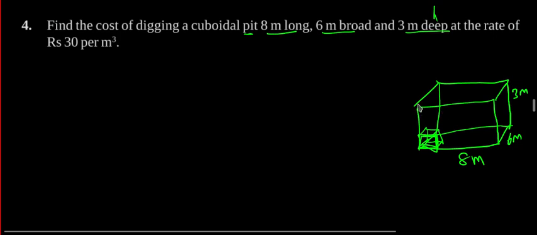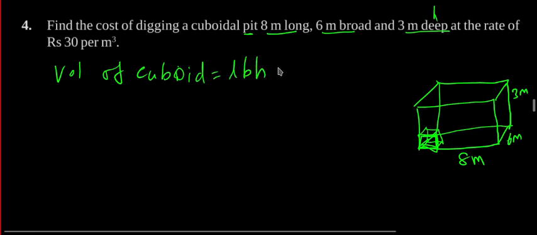So first let me arrive at the volume of this total pit. Okay. So for this pit, the length, breadth, everything is different, so definitely it is a cuboid. So the volume of the cuboid. What is the formula for the volume of the cuboid? LBH cubic unit. Okay. So now, what is L?